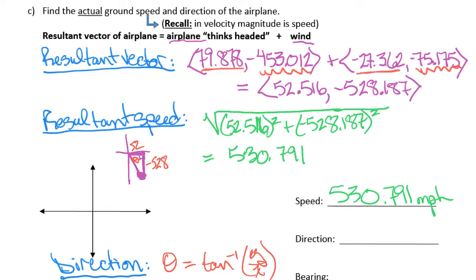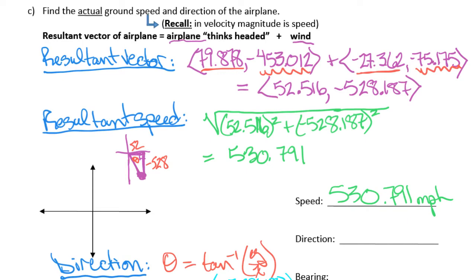So let's crunch our numbers in there. We are going to do tangent inverse of negative 528.187 over 52.516.